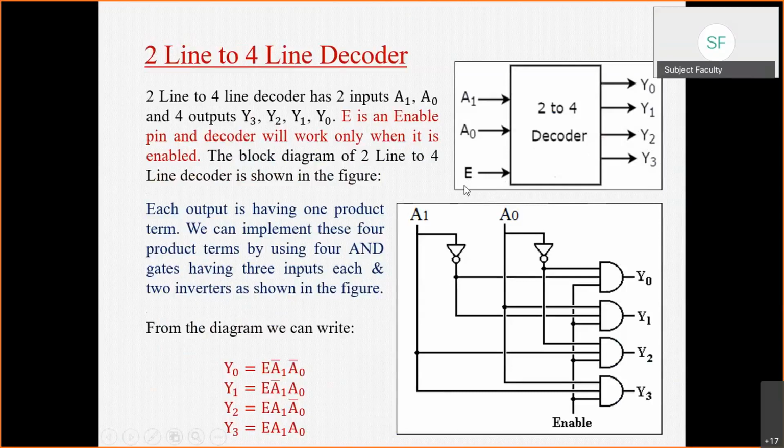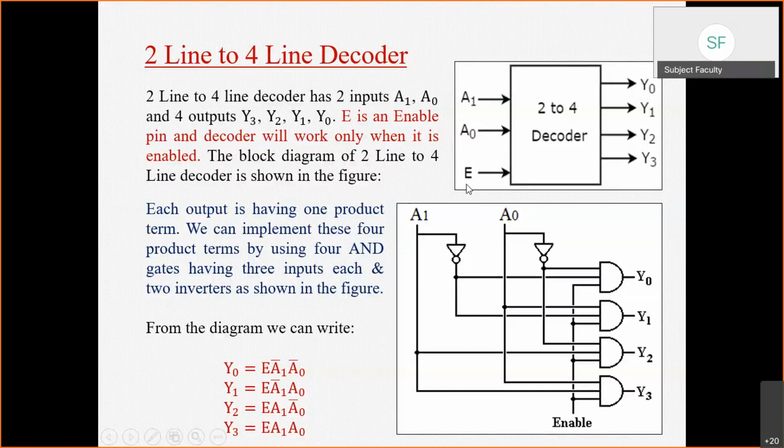This is the important point: without enabling, the decoder cannot perform its particular work. So take care of this pin. If the circuit is active high, then this pin should be 1, and if the circuit is active low, this pin should be 0.